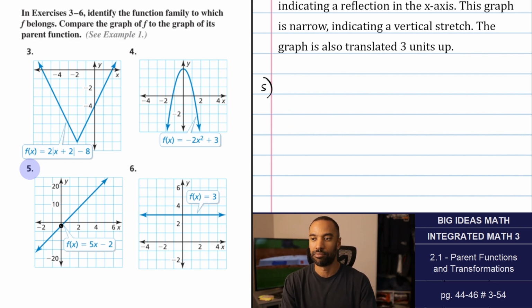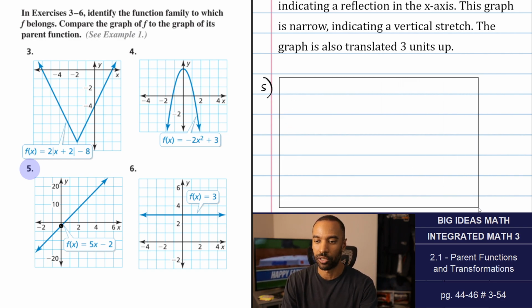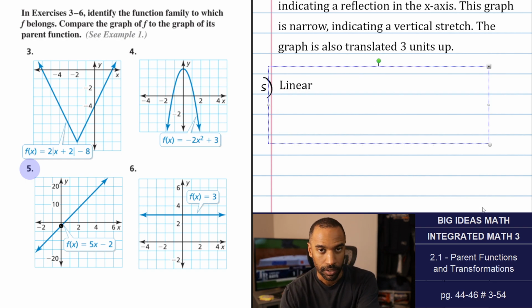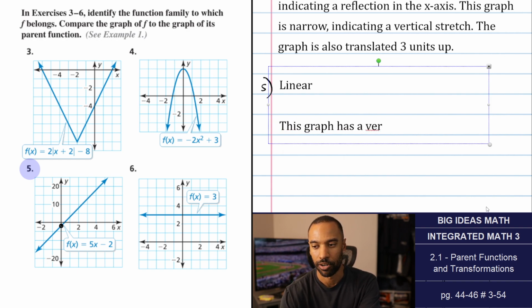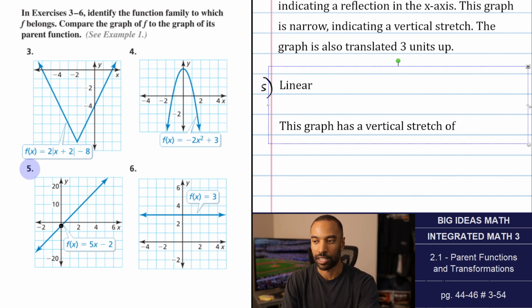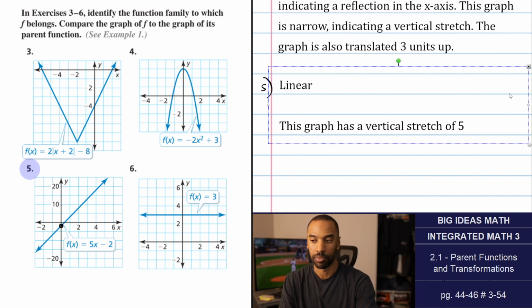By the way, I should not bury the lead. This is a linear function. And the slope being greater than 1 indicates a vertical stretch. This graph has a vertical stretch of 5. I know most people want to say slope, and I get it, because it is a slope. But as we speak more about transformations in general, we don't say slope as a transformation.